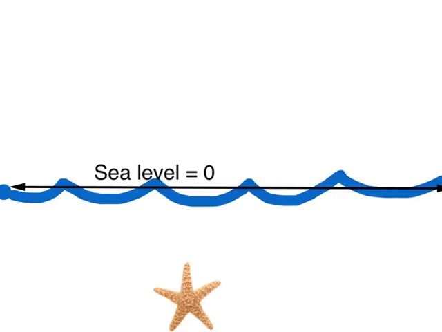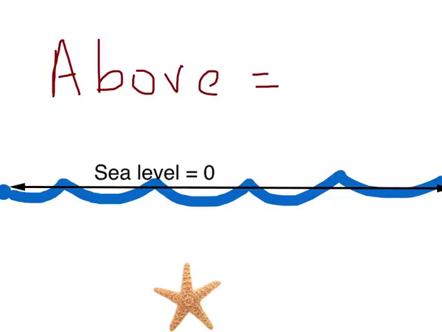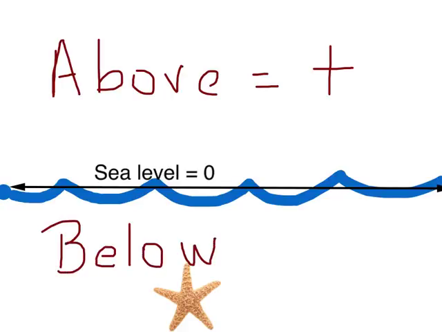In this particular problem, we used words such as above sea level, which were representing our positive numbers, and we also used the word below sea level, which were representing our negative numbers.